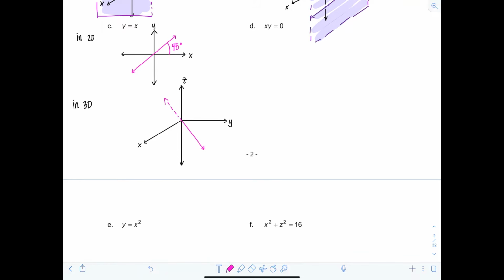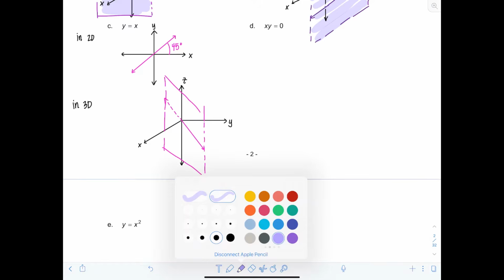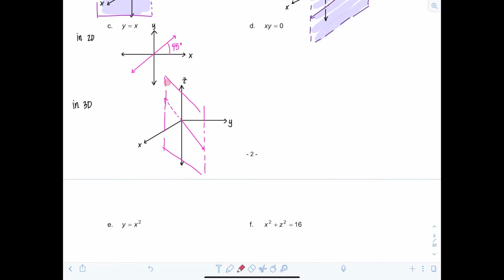That's the rest of the line that I have in the 2D graph. And then again, z can take on any value. So you're just going to extend parallel to the z-axis to create some perspective. And then here's our plane. All right, and then I'm going to just shade it in. I suppose that's a good color. There we go. So there's our plane. All right. Looks very nice.